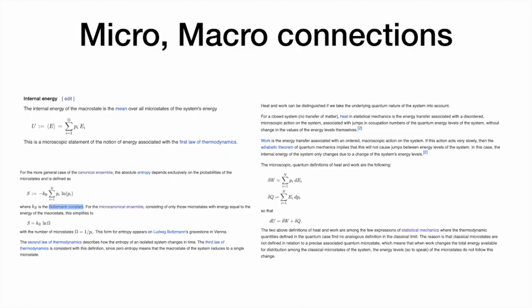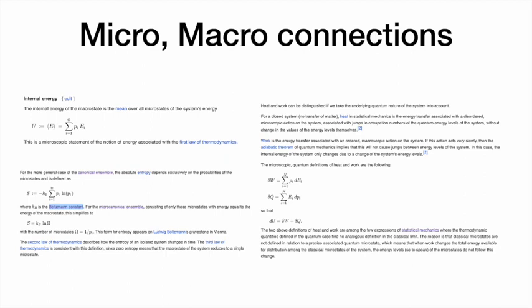where the thermodynamic quantities defined in the quantum case find no analogous definition in the classical limit. The reason is that classical microstates are not defined in relation to a precise associated quantum microstate. Which means that when work changes the total energy available for distribution among the classical microstates of the system, the energy levels, so to speak, of the microstate do not follow this change.